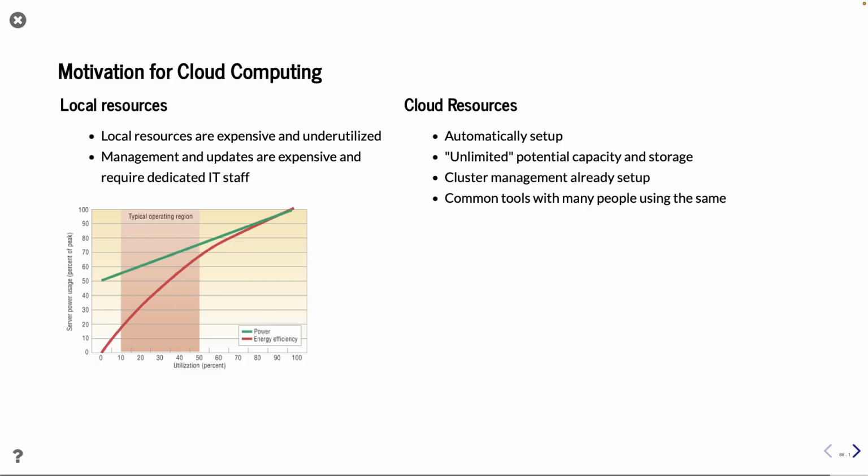And if you use the cloud resources, then the setup is pretty easy, and you can buy in as much resources as you would need. And the whole cluster management is already done for you. And these services also provide the common tools that you would need for your processing.